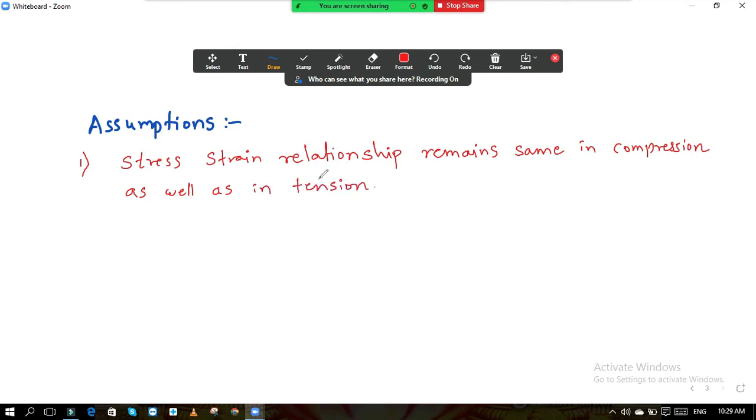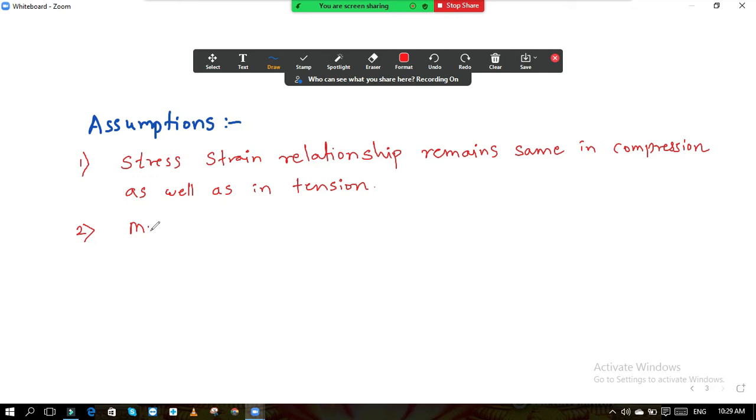Okay, so stress strain relation, you know that stress and strain are proportional to each other. So that relationship remains the same in compression as well as in tension. It is not exactly the same, but this is our assumption. We are assuming that whatever the stress strain relationship is in the compression zone, the same will be there in the tension zone.